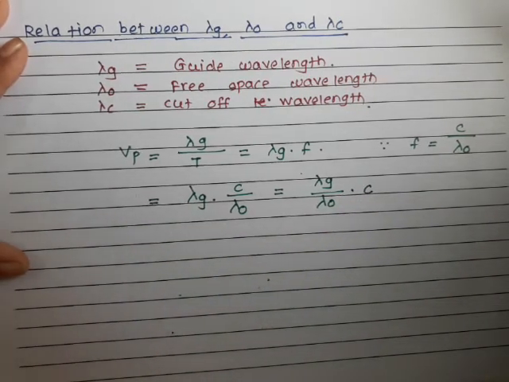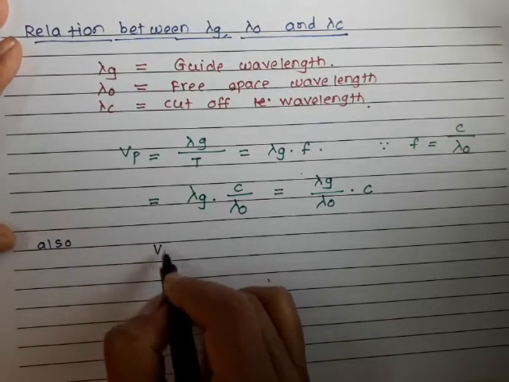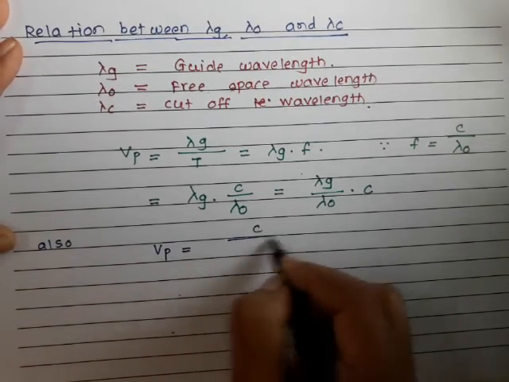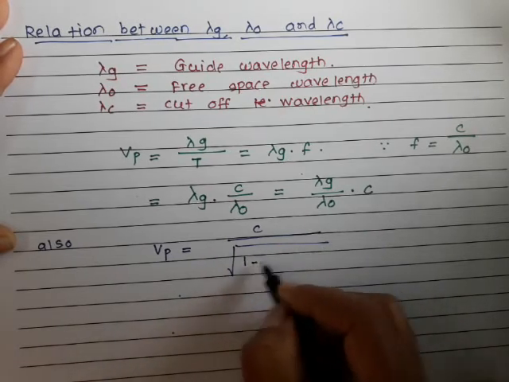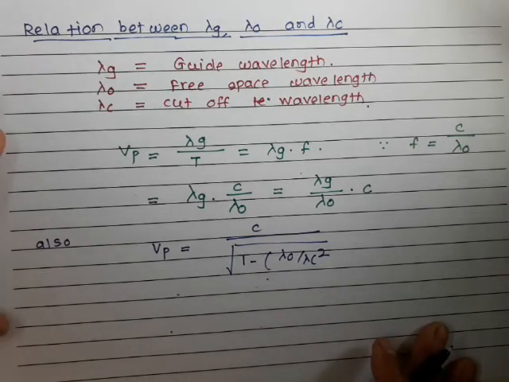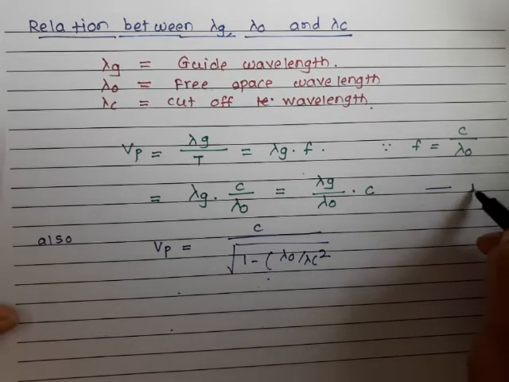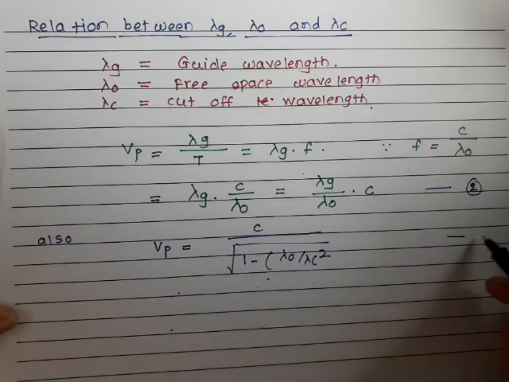Also Vp, as we have already dealt with, is equal to c by root of 1 minus lambda 0 by lambda c whole square. I'll write this equation as equation number 2 and the other as equation number 3.